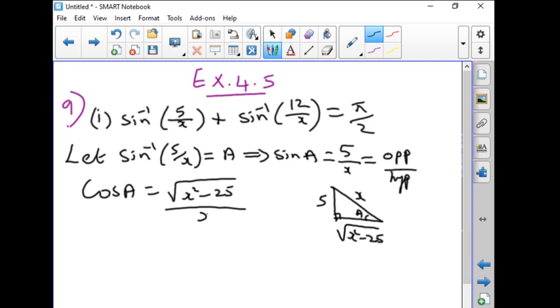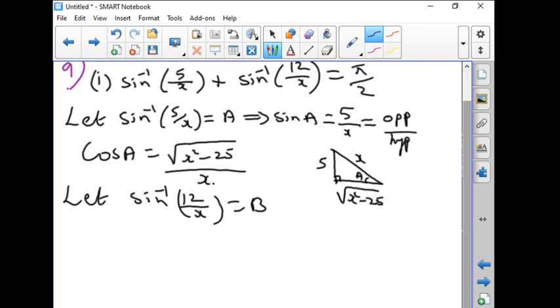hypotenuse, that is x. Similarly, we will also take, let sine inverse of 12 by x is equal to B. So, from this we get sin B is equal to 12 by x. Again put it in the triangle.